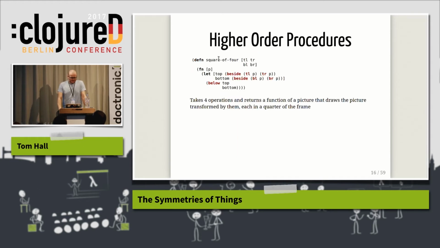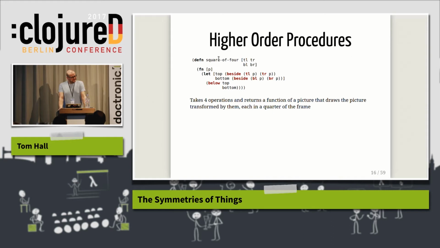Because we've got functions, we can use higher order functions, which are functions that take functions as arguments and return functions. So we have a square of 4 function, which takes 4 functions and returns a function that takes a picture and then draws it.